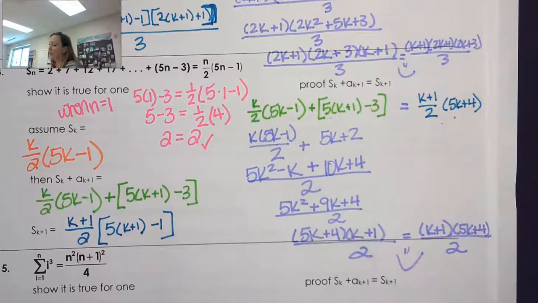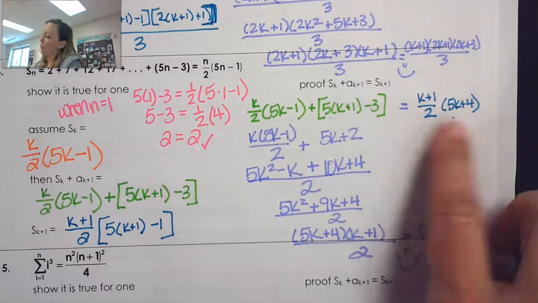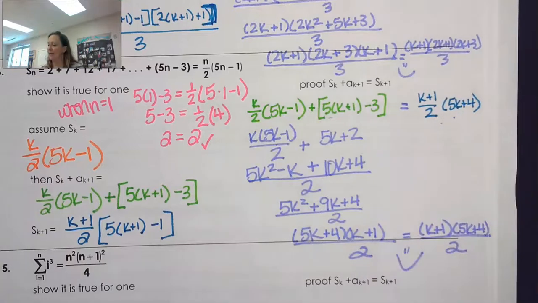And you are all set there, okay? So again, in the problems, if you're wondering whether to distribute or to keep it factored, look at what factors you want, and that can sometimes be helpful as well, okay?